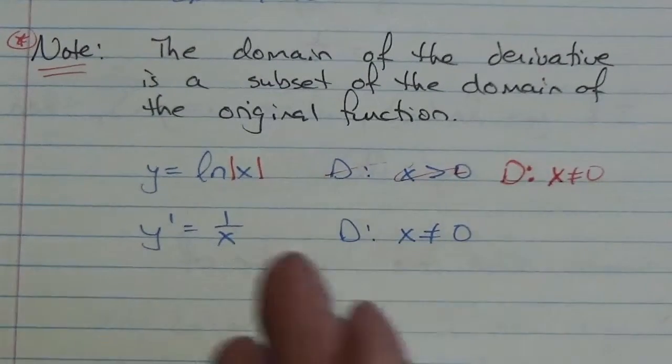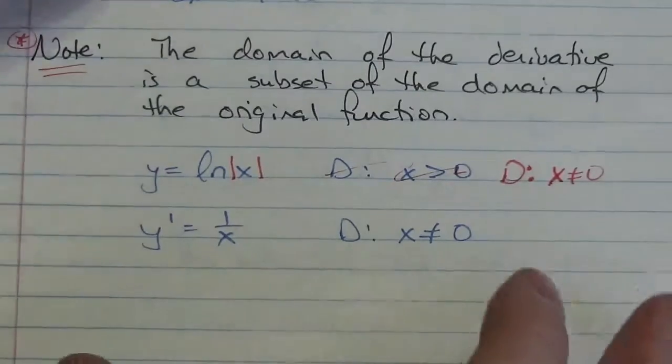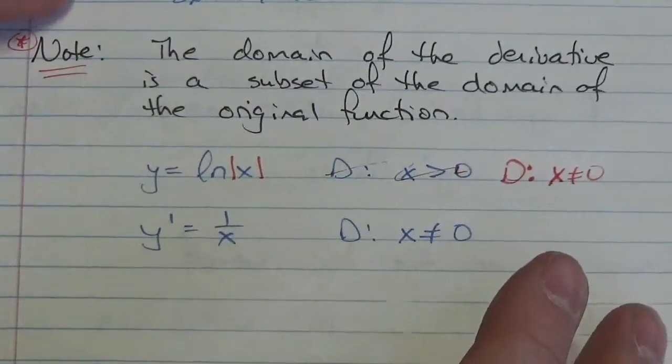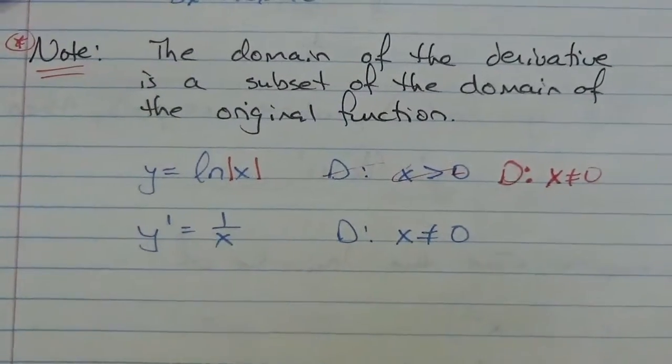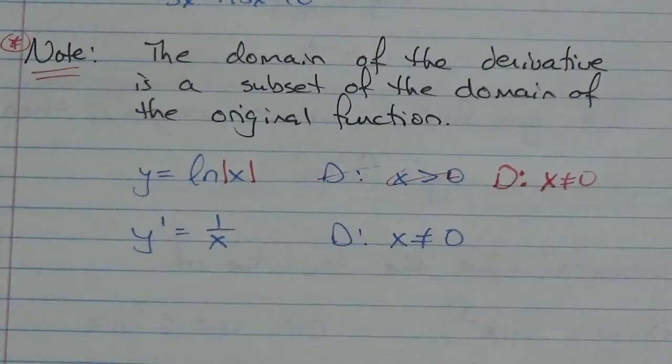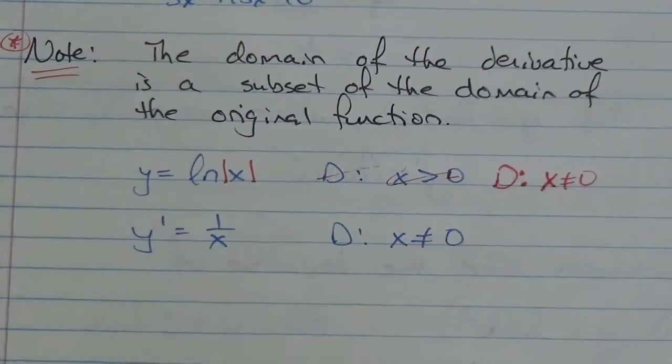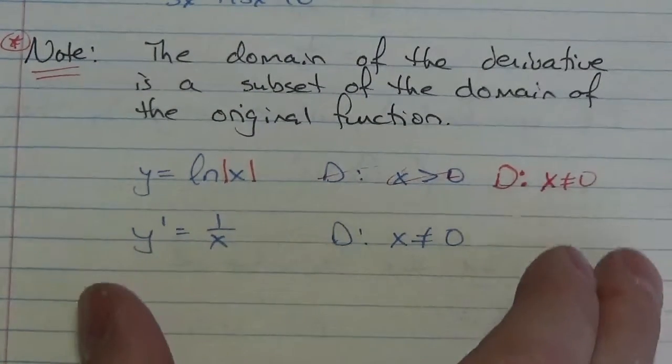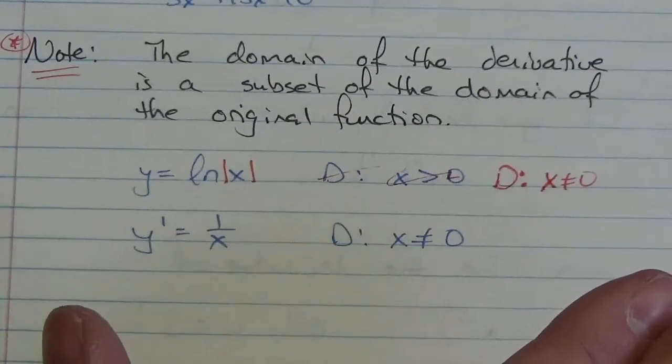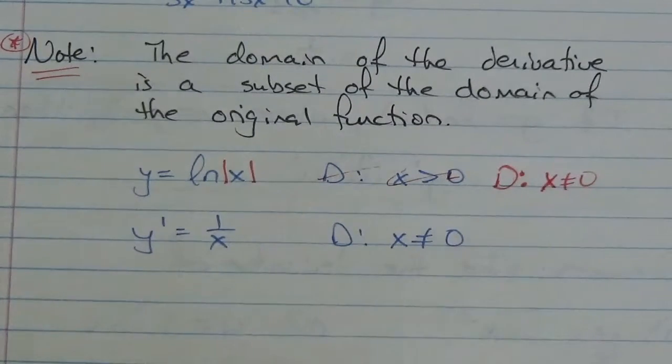Now, if your teachers are like me, at this stage in the game I'm not too worried about that. I'm really more interested in students right now recognizing the rules of the derivatives and applying them properly, getting that algebra right. But this is something I want them to think about, and I want it percolating in the back of your mind, because it is going to become an issue later on in the next chapter.